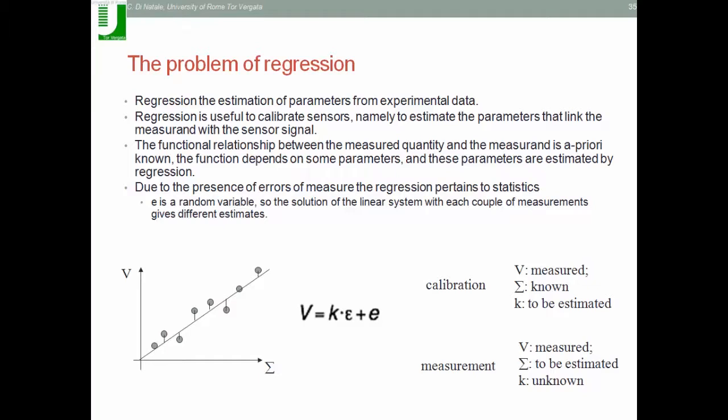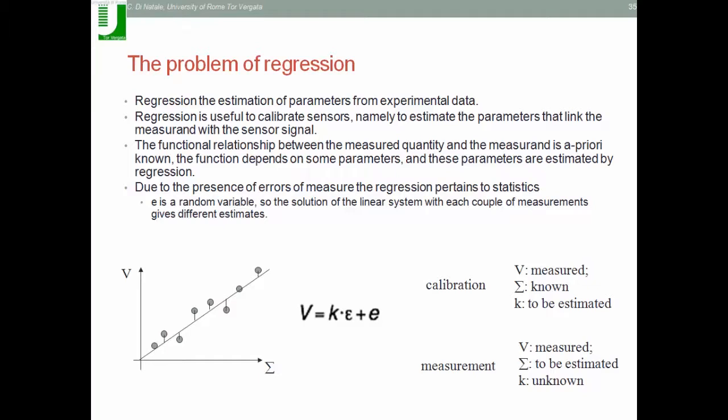For instance, if we have a sensor signal V depending on epsilon, could be a strain gauge, for instance, we have a linear dependence, but these are measured quantities, so we have errors.